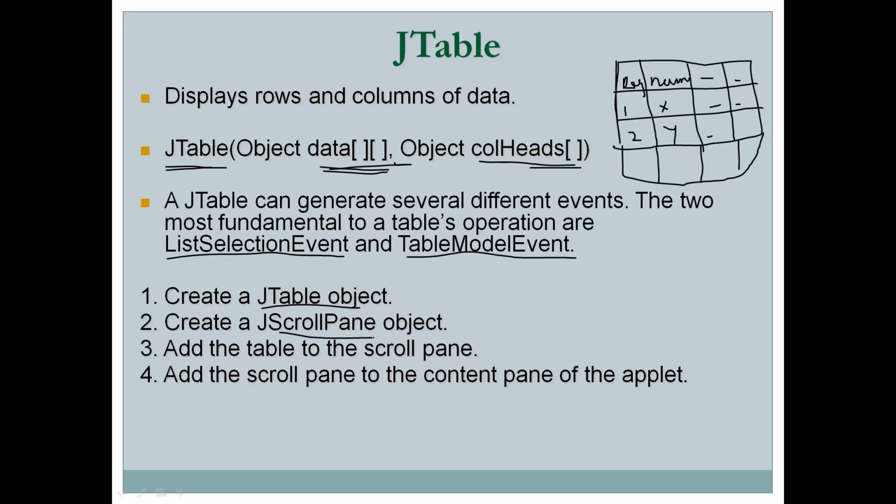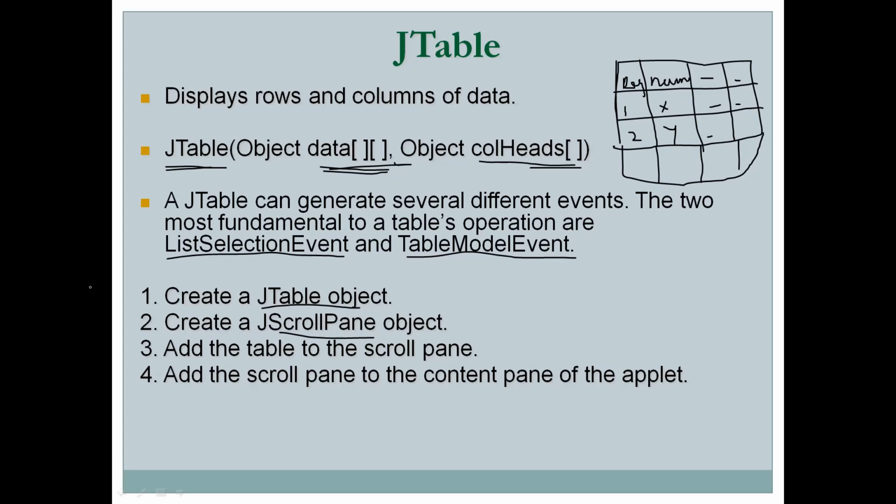So many times we need a JScrollPane to scroll the rows in the JTable. So we have to add scroll bars to the JTable, and for that we may need a JScrollPane. Without the JScrollPane we can also create a table, but if it does not fit in the viewable area, then the other rows in the JTable may not be visible.